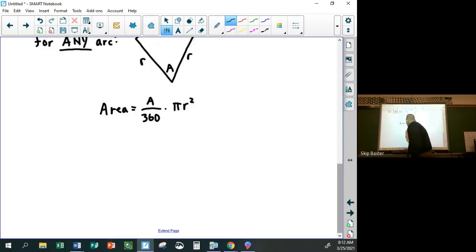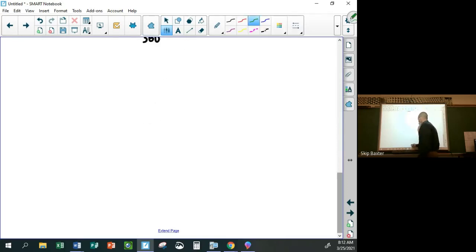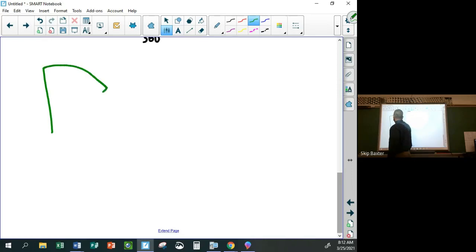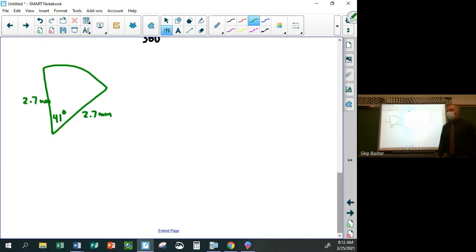So for example, suppose I had a weird angle measure, like 41 degrees or something weird like that. And let's say these radii were weird, like 2.7 millimeters. Okay, same exact process.